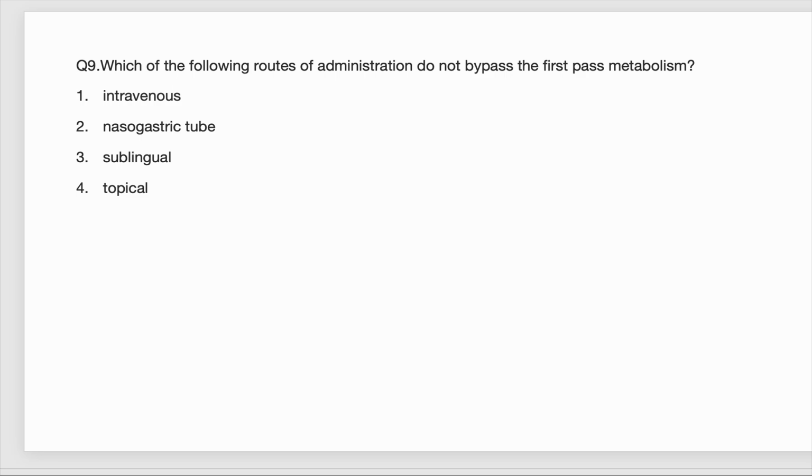Now let's go to the next question. Which of the following routes of administration do not bypass the first pass metabolism? Option 1, intravenous. 2, a nasogastric tube. 3, sublingual. And 4, topical. Anyone interested in answering this question?